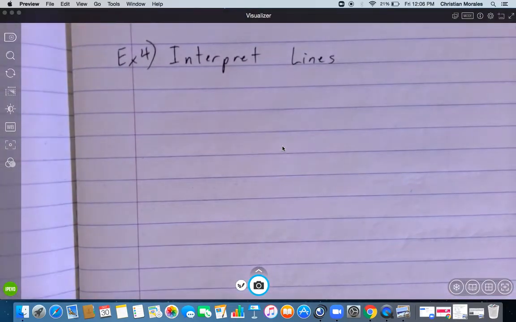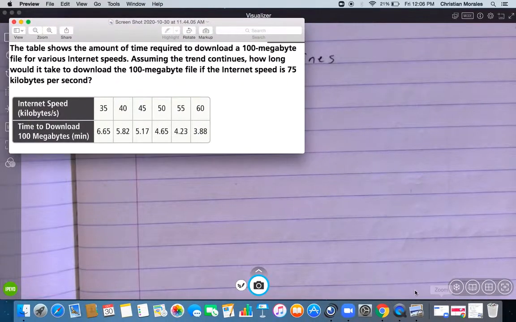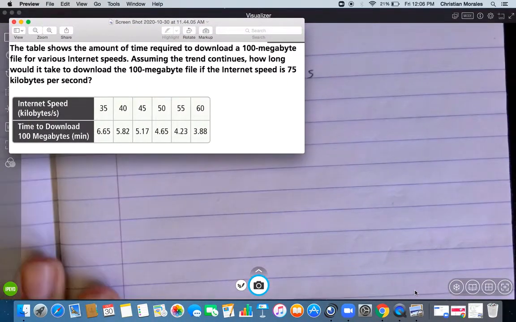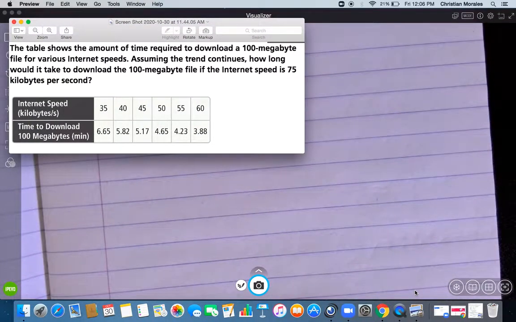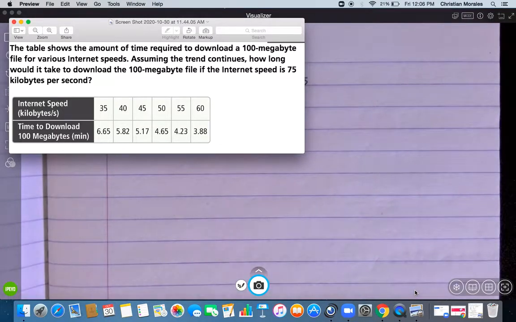Interpreting the lines. So to interpret the lines, here what we have is a table that represents the download of a 100 megabyte file from various internet speeds. Assuming the trend continues, how long would it take to download a 100 megabyte file with an internet speed of 75 kilobytes per second?